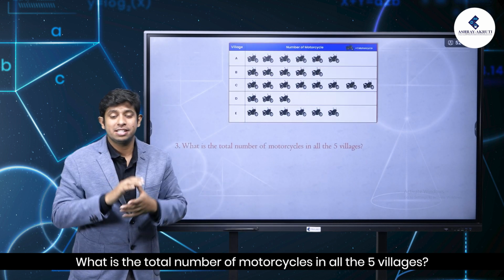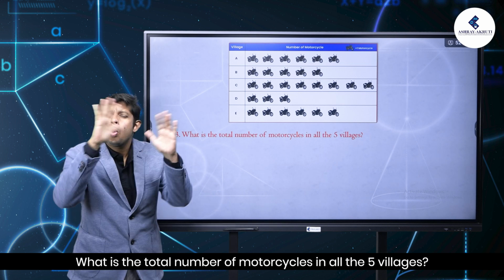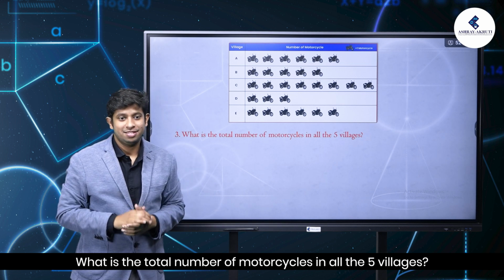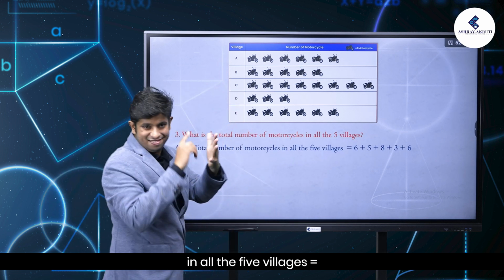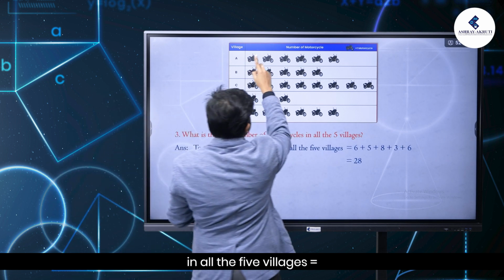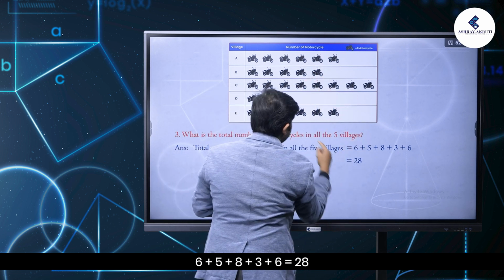What is the total number of motorcycles in all the 5 villages? Total number of motorcycles in all the 5 villages is equal to 6 plus 5 plus 8 plus 3 plus 6 equals 28.